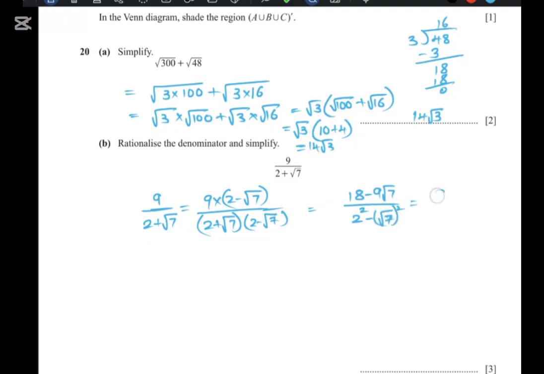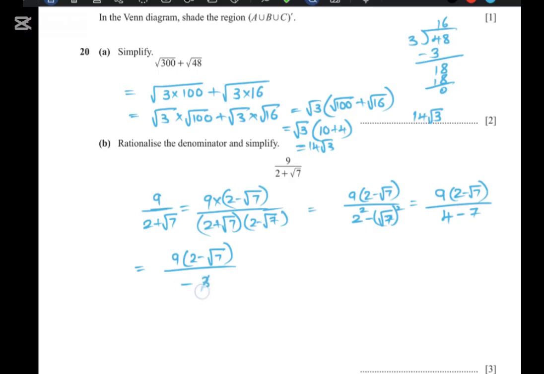I think it is better not to multiply 9 now itself because a cancellation may happen. So 9 into 2 minus root 7 by 2 square is 4, minus root 7 square is 7. So that will be 9 into 2 minus root 7 by 4 minus 7, which is minus 3.